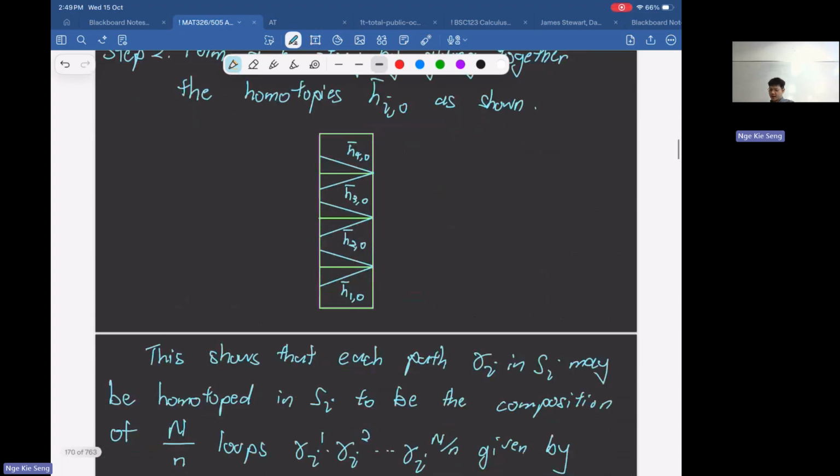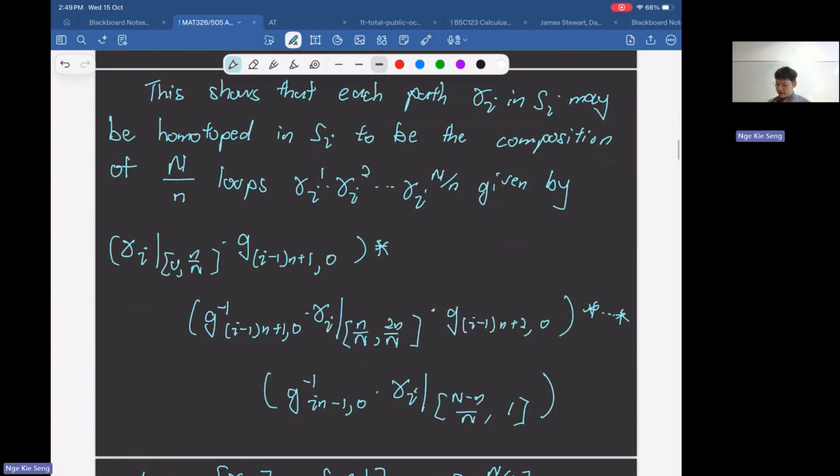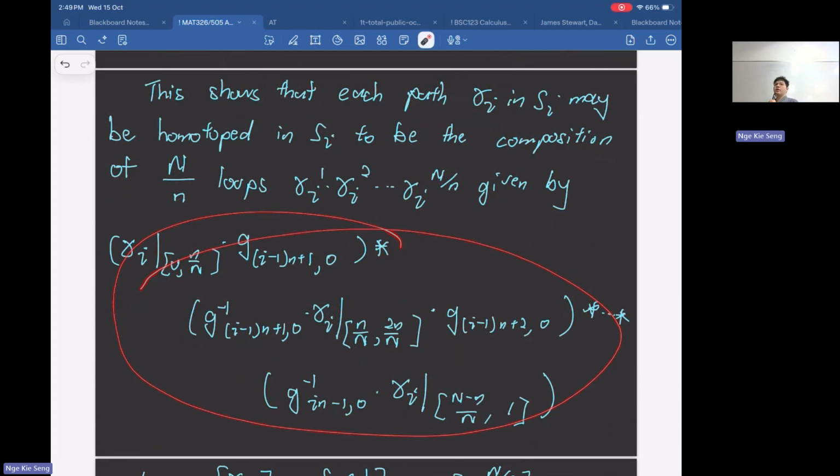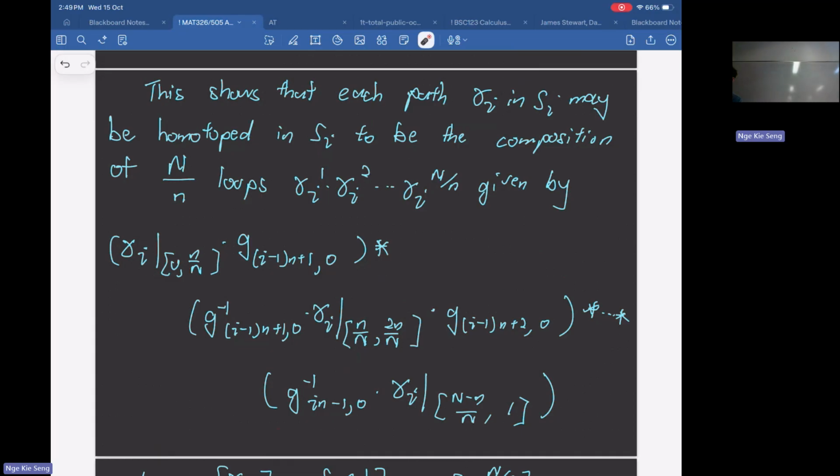Then you can see you can split up your path like this. Chop your path based on the chopping on the homotopy.